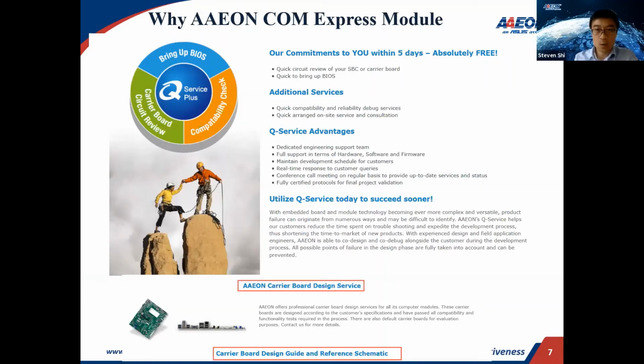In the meantime, through the Q service team, we can offer one-stop service, like pre-sales. We can support spec checks, carrier schematic checks and design guides. During development, we can help with debugging, and the Q service team is also the window for contact with BIOS discussion, customization, and even embedded controller design.